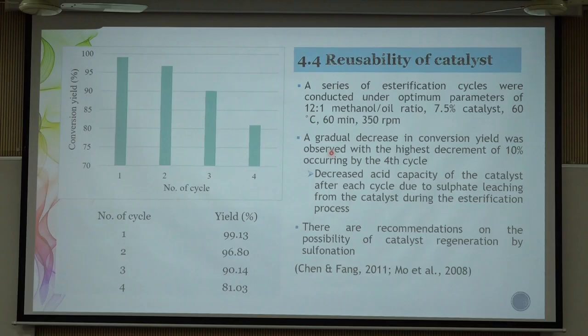However, when we do the reusability, after the first cycle it can reach up to 99% based on the previous result. But after the second cycle the conversion is only 96%, then 90%, 81%.